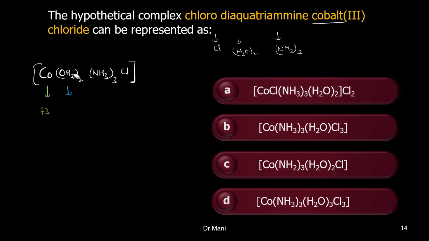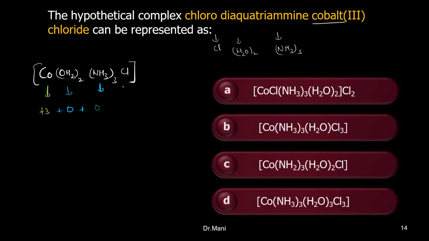So tell me, what is the charge of this water molecule, Manu? Does it have any charge or is it neutral? It is neutral, sir. Okay, so plus 0. What will be the charge on the amine? Neutral.